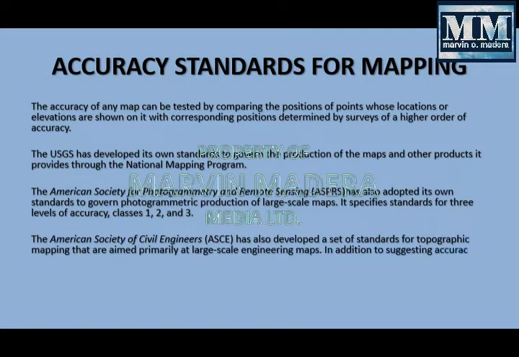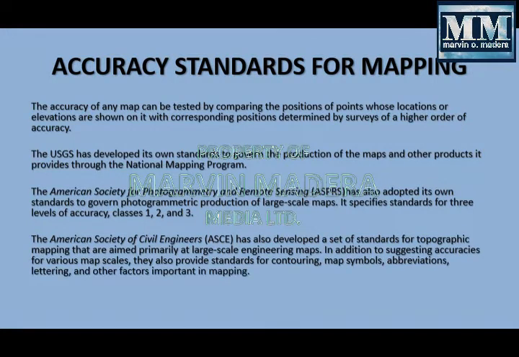The USGS has developed its own standards to govern the production of maps and other products provided through the National Mapping Program. The American Society of Photogrammetry and Remote Sensing has also adopted its own standards to govern the photogrammetric production of large-scale maps. It specifies standards for three levels of accuracy, class 1, 2, and 3.